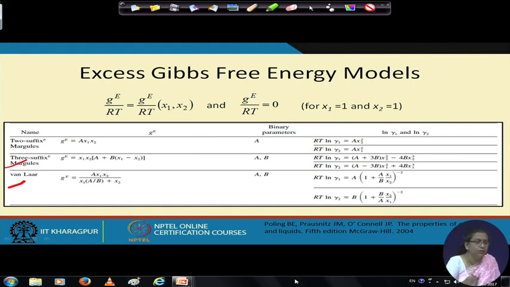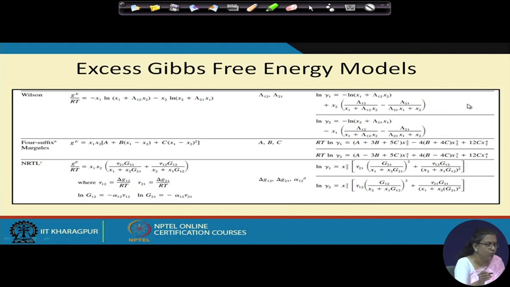Now, apart from this, we find that these equations are fine, but they do not incorporate the temperature dependence of gamma. So in order to incorporate the temperature dependence of gamma, some more equations have been suggested.